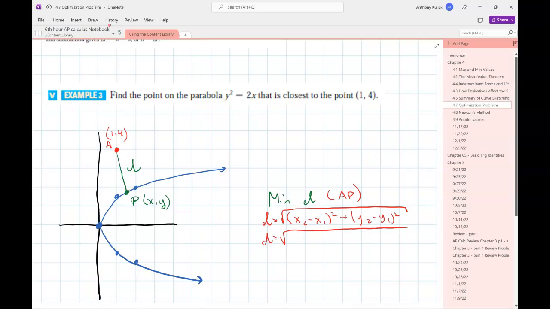We'll make A our x1 and y1. Does it really matter which one I put first or second? Not as long as you keep them paired together, right? Everybody's good with this?